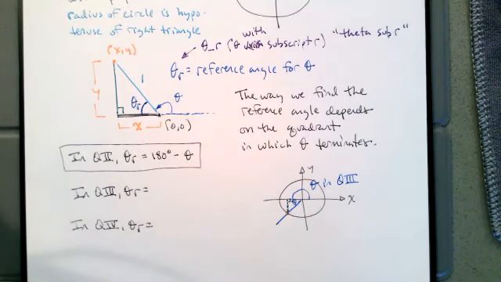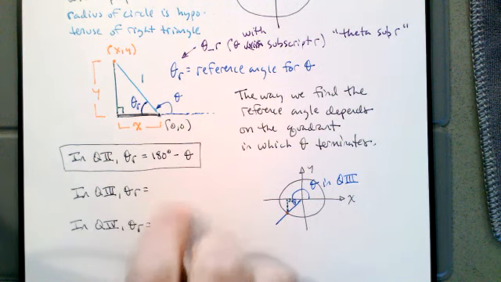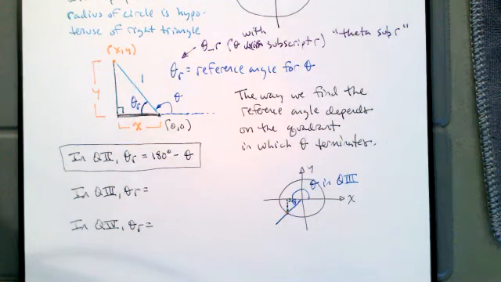This is not your assigned homework, but it's the thing we're going to start talking about on Wednesday: how to figure out the reference angle based on where theta terminates. So figure out how to find the reference angle for theta in quadrant 3 and quadrant 4. That's where we'll pick things up on Wednesday.